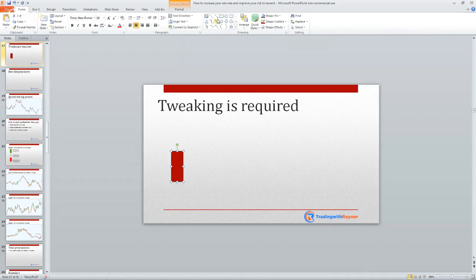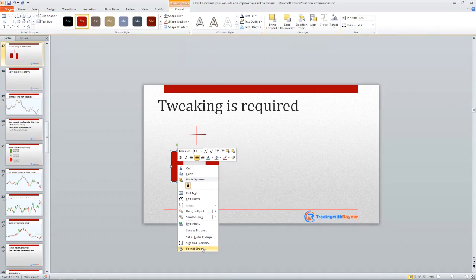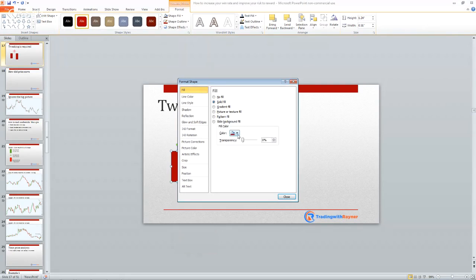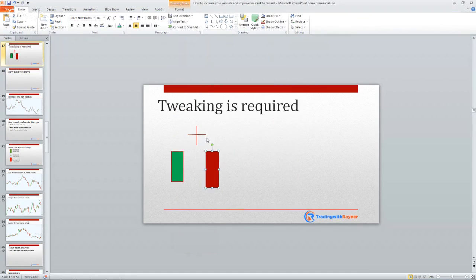So traditionally, candlestick patterns usually have a gap in between, like this one over here, and maybe you have this over here. Pardon the color, this should be green. Let's change this to green. Okay, something like this. So this is typically, what do they call this?